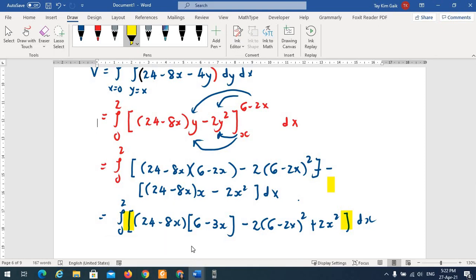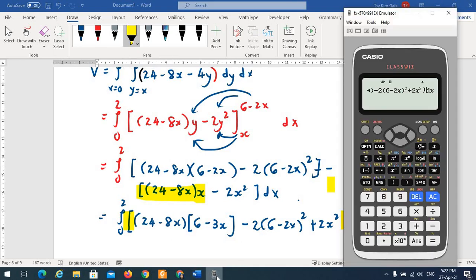This one, I simplify this term. This is minus x, minus 2x, so total is minus 3x. Because if you expand, normally you have careless mistakes, especially when the solid is a tetrahedron, you easily make careless mistakes.